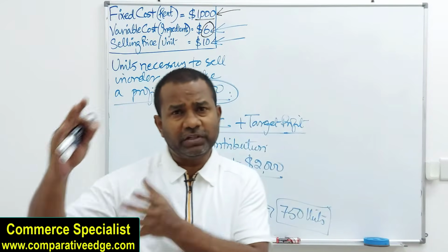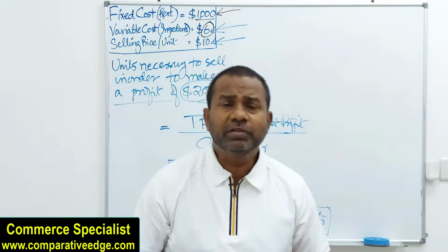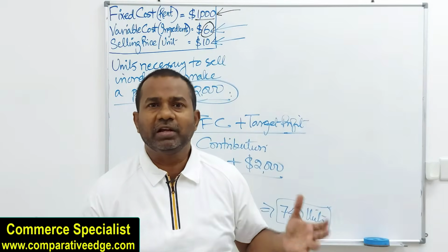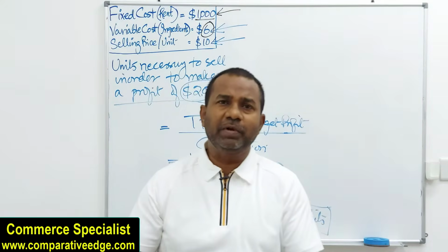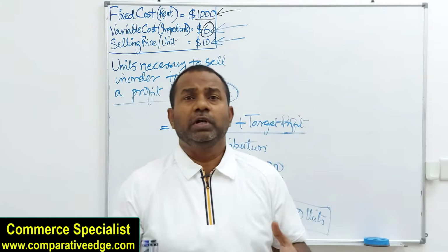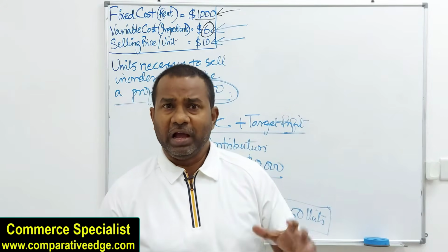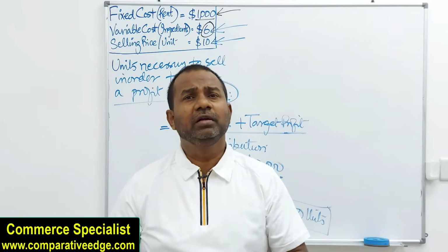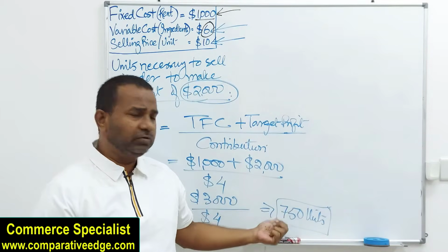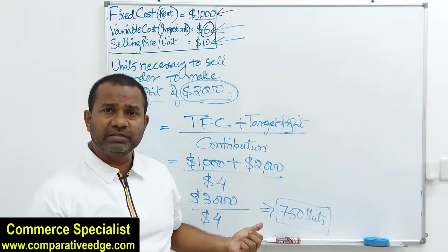If you have this target, this is what you should do. Just wishing is not enough. There has to be some planning, some numerical planning. So in a business, if you intend to have a specific profit, then you better buckle up and be willing to sell this much, as in this case.